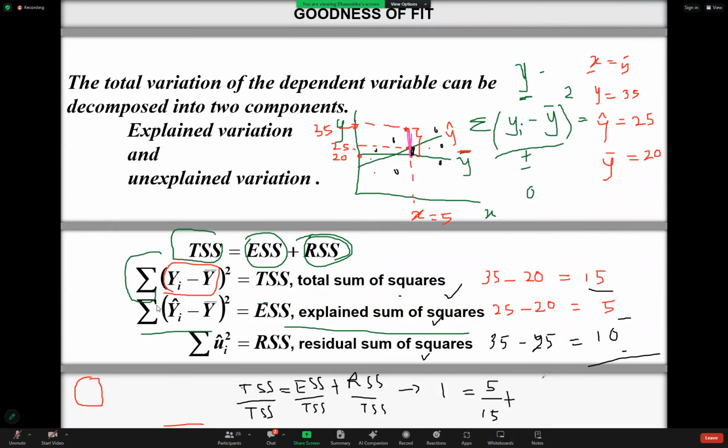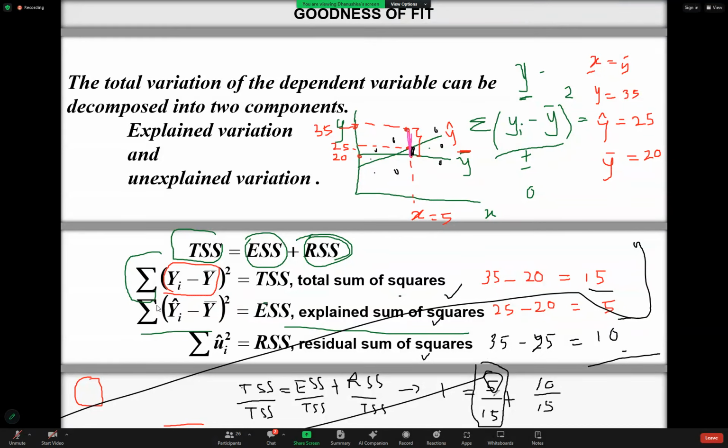Then this shows the proportion of total variation explained by the regression model.